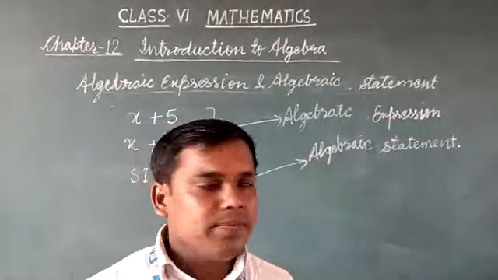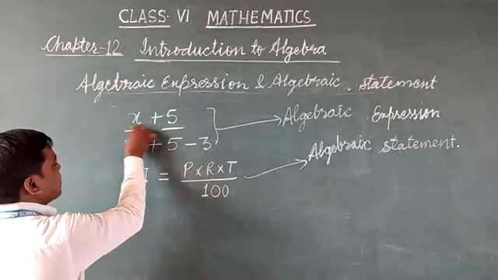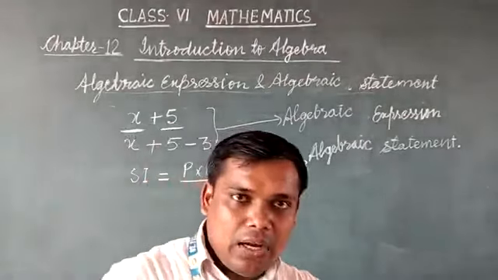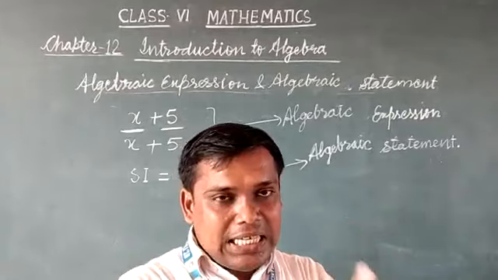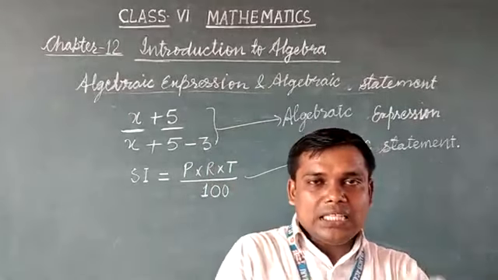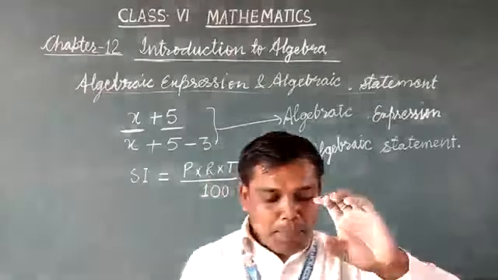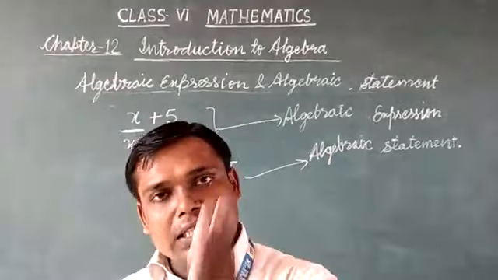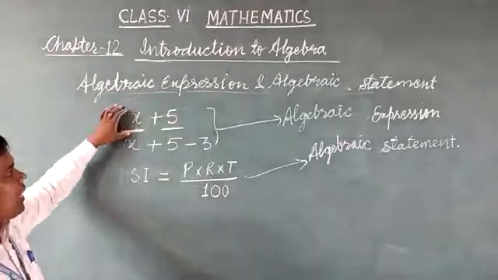Now, terms. Each term, whether it is a variable or a constant, which is connected by the symbol of addition and subtraction, means the part of an algebraic expression separated by the sign plus and minus. These two are the parts of the algebraic expression.